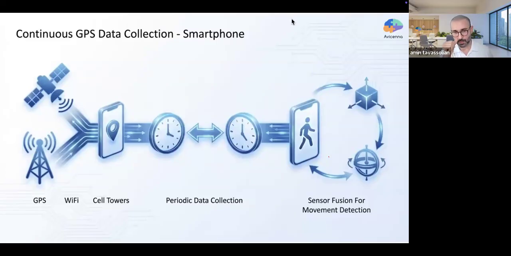But another problem was that we still hit the GPS sensor a lot, and it still drains the battery very quickly. So to fix this issue, we designed the app to not continuously collect the GPS data, but do it in a periodic way. So our app currently collects the data for 1 full minute every 5 minutes.